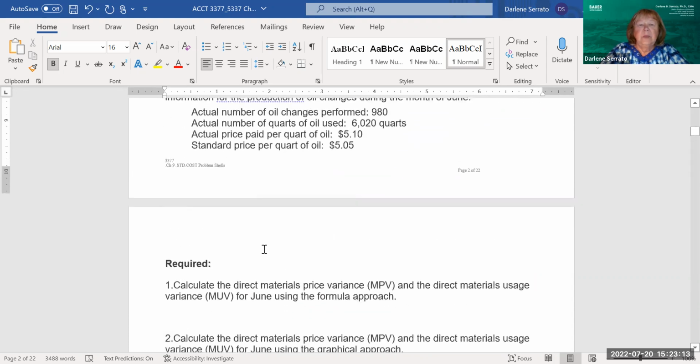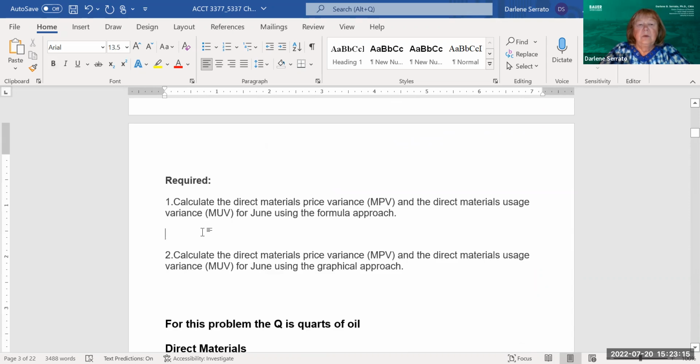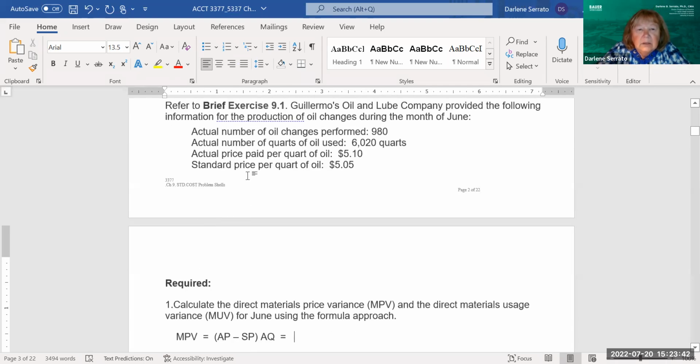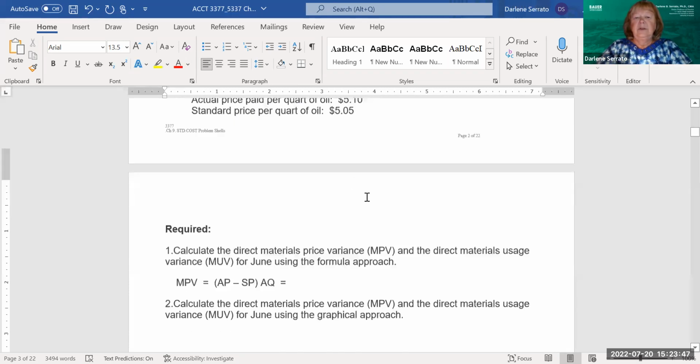Okay, so to calculate the direct materials price variance, AQ, AP minus SP times AQ is the way they're doing it. AP, $5.10. SP is $5.05.